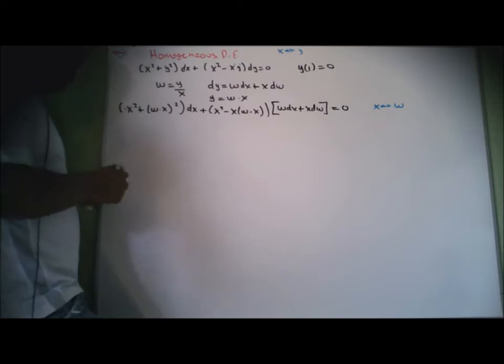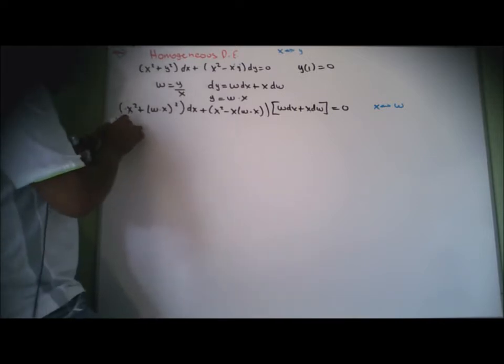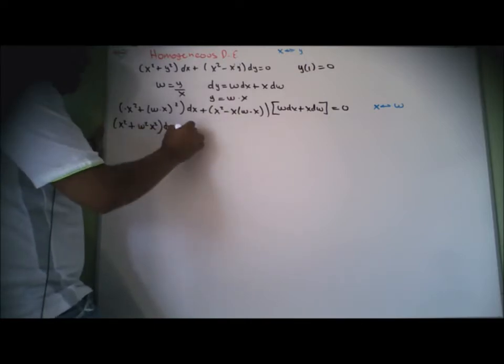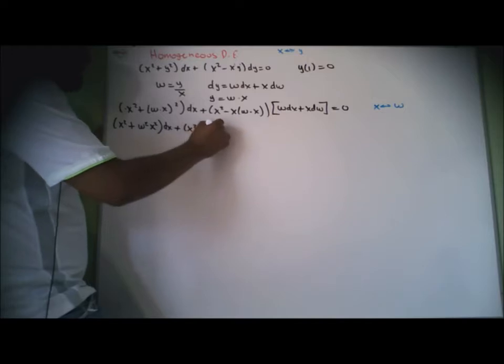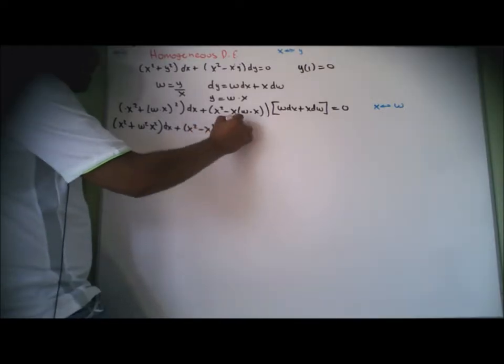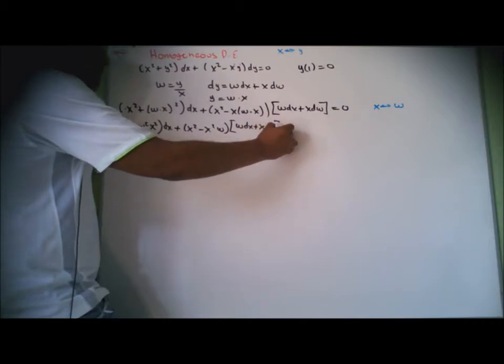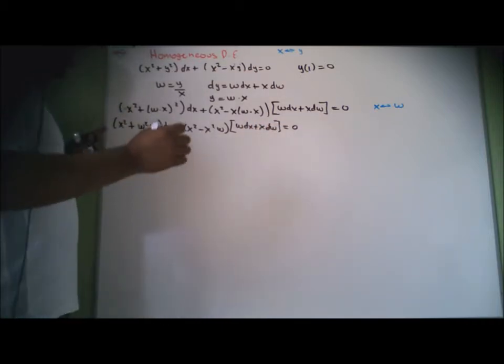Here you have x squared plus w squared x squared, differential of x, plus x squared minus x squared w, times w differential of x plus x differential of w, equals 0. Now let's do some factorization.